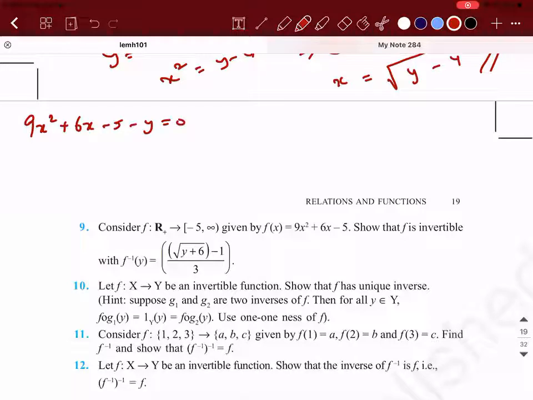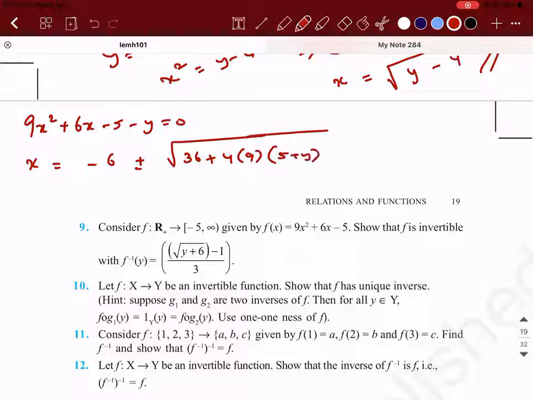Correct? So x is equal to minus b plus or minus root of b square minus 4 into a into c, by 18. Correct?